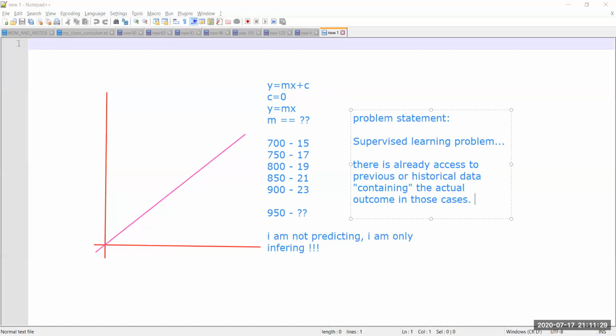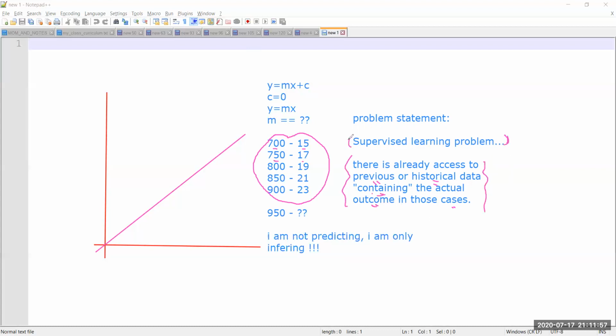Right? Example given, if you look at this part, for these 5 values that I have, these are historical values. I don't only have the X value, I also have the precise Y value. So I have access to historical data or previous data which contains the actual outcome in those cases. And that's why this is a supervised learning problem.